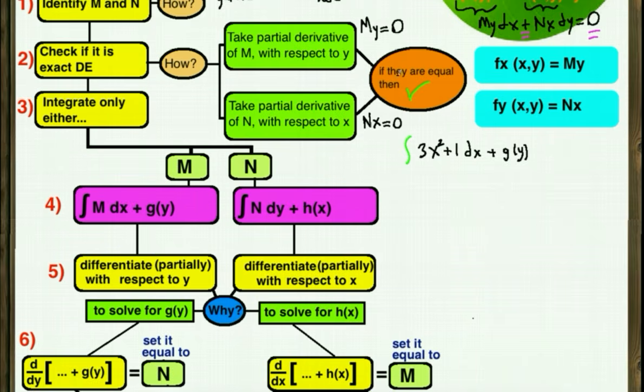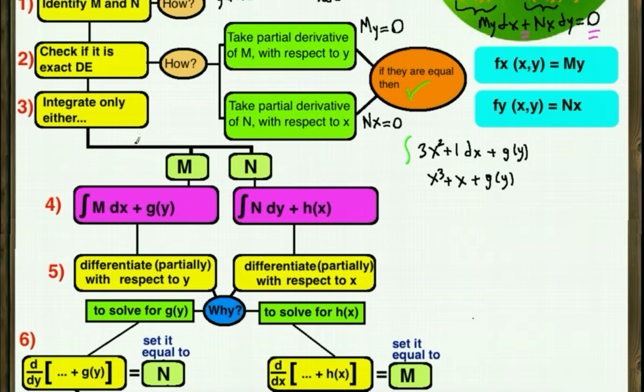The way you solve is totally up to you. Now the integral of x² is x³ over 3, and 3 cancels 3, so it's x³, plus the antiderivative of 1 with respect to x is x, plus we add g of y.